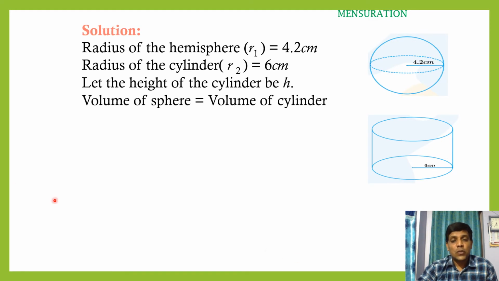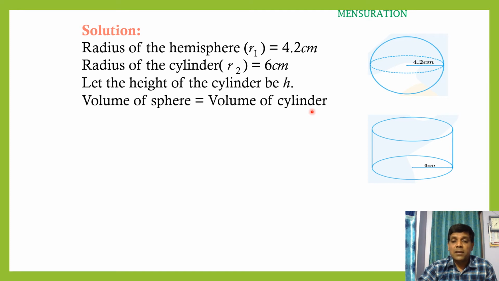Coming to the solution part. Radius of sphere R1 equals 4.2 centimeters. Radius of cylinder R2 equals 6 centimeters. Since two solids are given, the first radius is represented by R1 and the second by R2. Let the height of the cylinder be x. Now volume of the sphere is equal to volume of the cylinder.